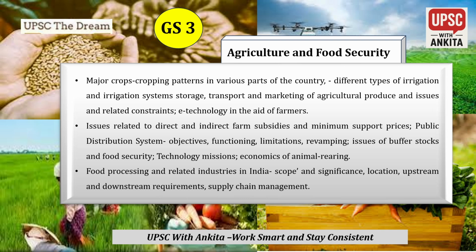Then, issues related to direct and indirect farm subsidies and minimum support price, public distribution system, objectives, functioning, limitations, revamping, issues of buffer stocks and food security, technology missions, economics of animal rearing. Then finally, food processing and related industries in India, its scope and significance, location, upstream and downstream requirements, supply chain management.